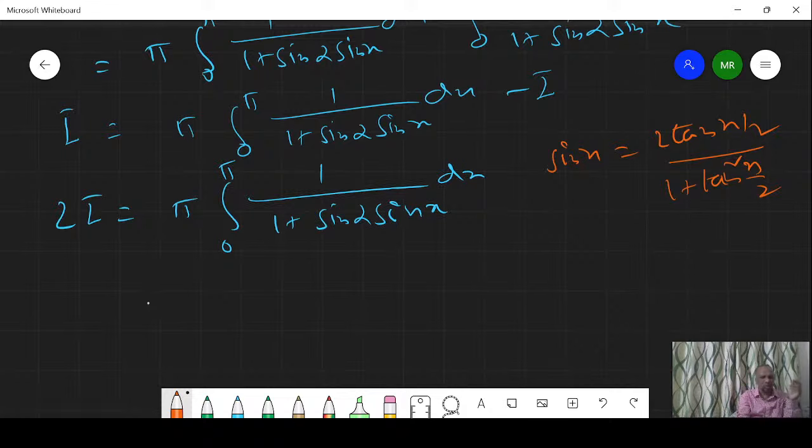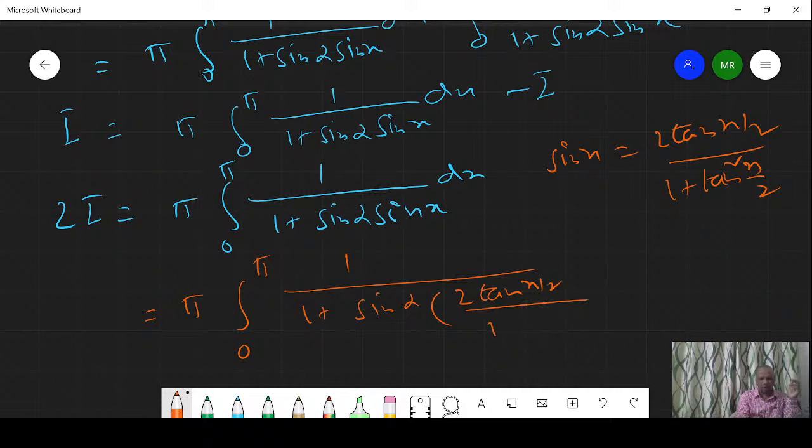I get 2I equal to pi into integral 0 to pi 1 by 1 plus sine alpha into 2 tan x by 2 by 1 plus tan square x by 2 dx. I have replaced sine x with 2 tan x by 2 by 1 plus tan square x by 2.